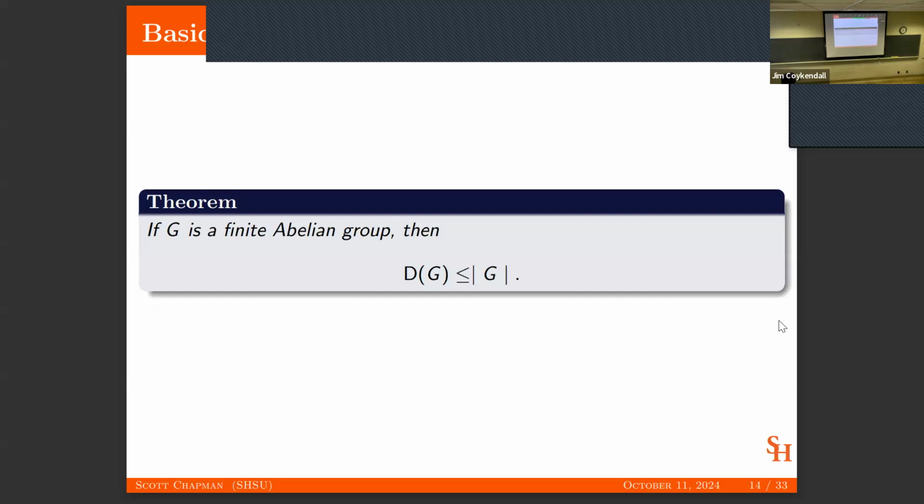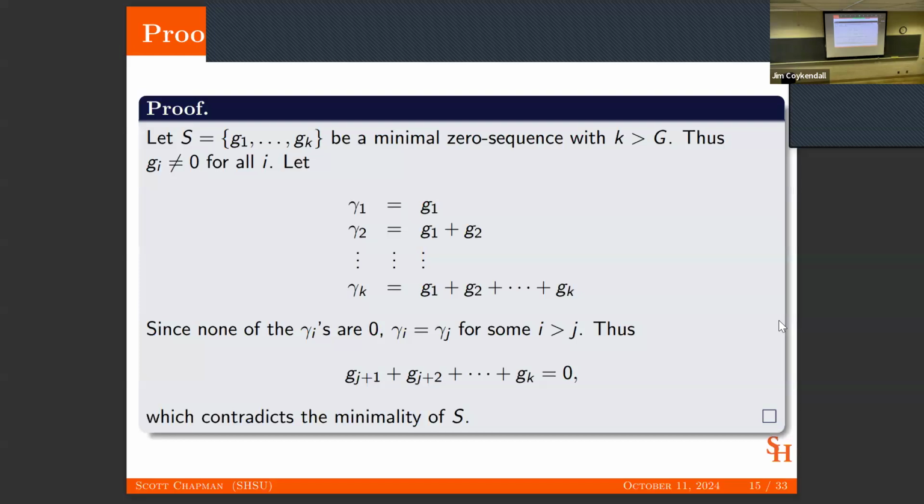For many years, I worked on this committee that wrote the advanced portion of the GRE, and I always snuck something related to this onto the exam, for one reason because of the argument I'm about to show you. So first comment here is that the Davenport constant can't be any bigger than the order of the group. Okay, now why? Here we go.